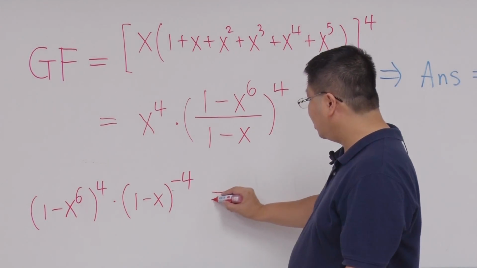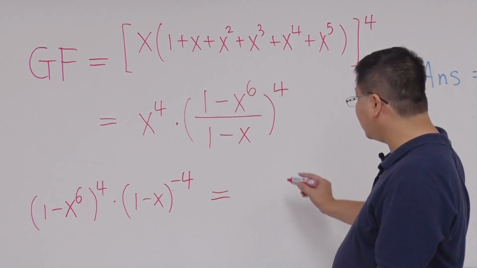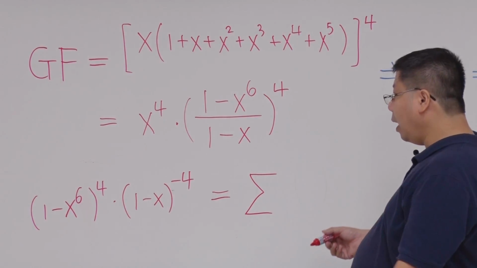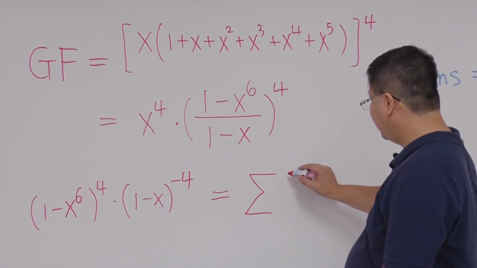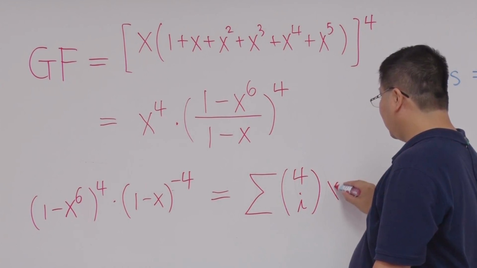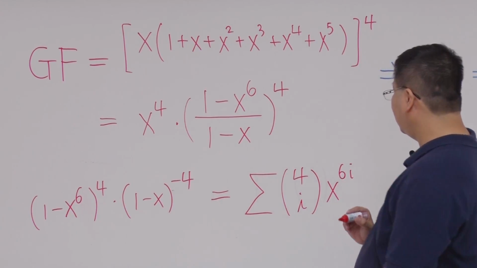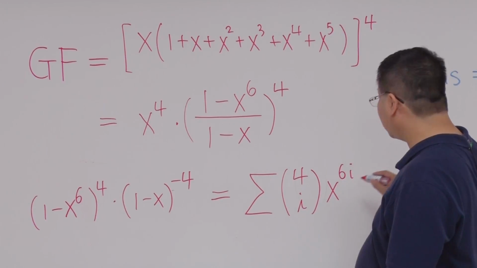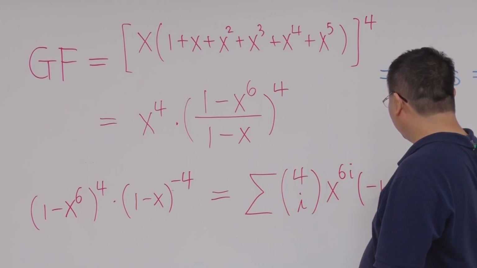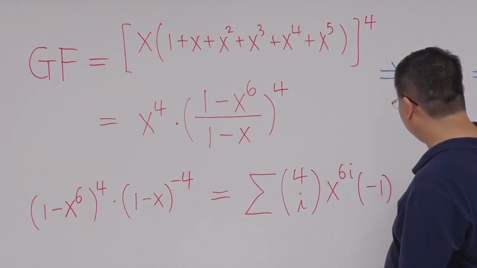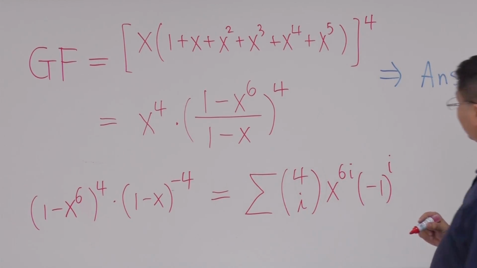So the first part, (1 minus x to the power 6) to the power 4, is equal to the summation of 4 choose I, x to the power 6I, times minus 1 to the power I. Is that okay?